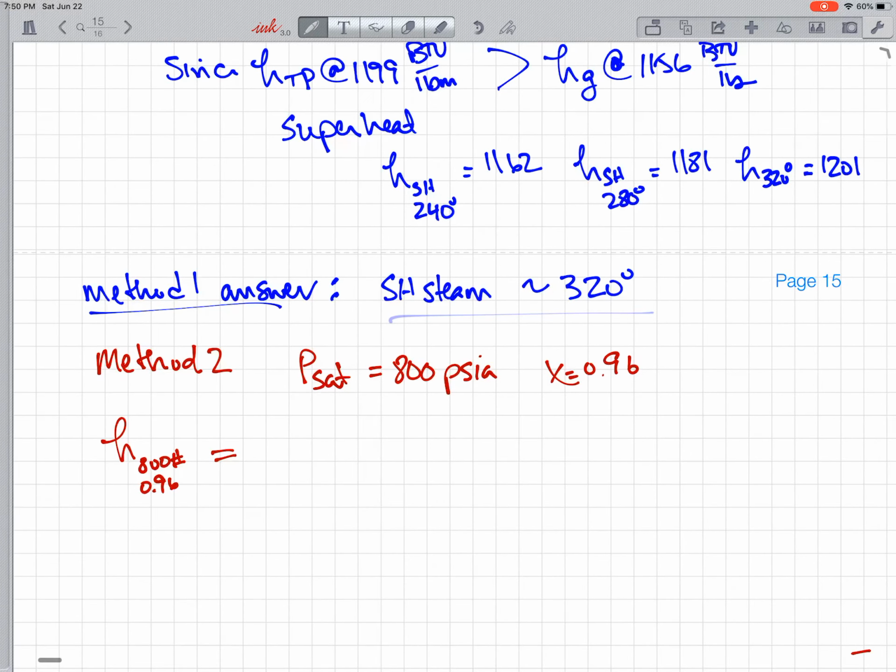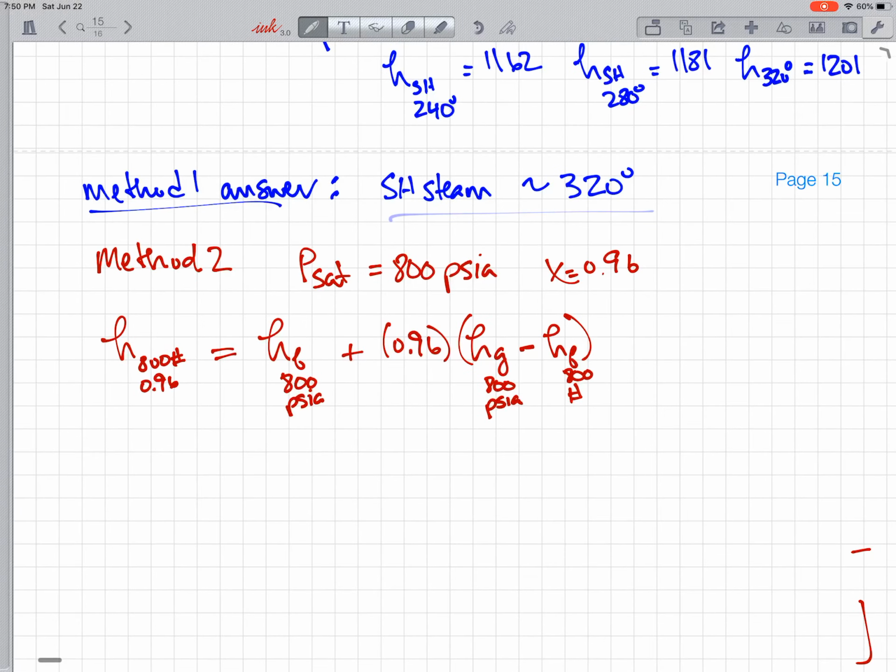Now that is going to equal the HF at 800 psia plus 0.96 times H sub G at 800 psia minus H sub F at 800 pounds. Now, finding those, we got to go to page, again, 19. We're on a superheated steam scale.